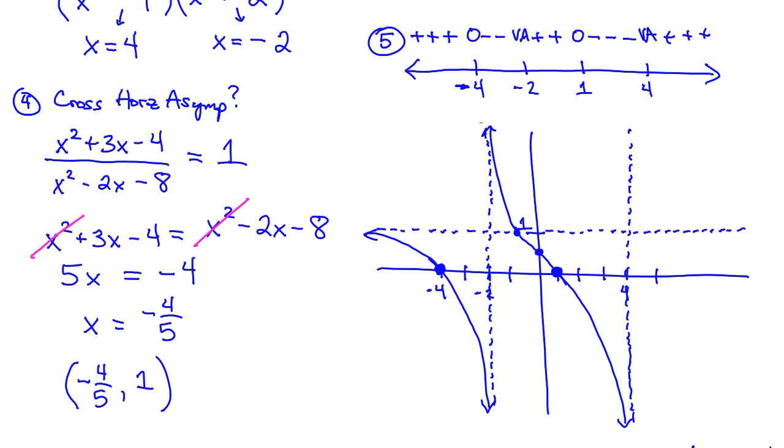And then, as x approaches 4 from the right, the values are positive. And as x goes to infinity, the graph approaches y equals 1.